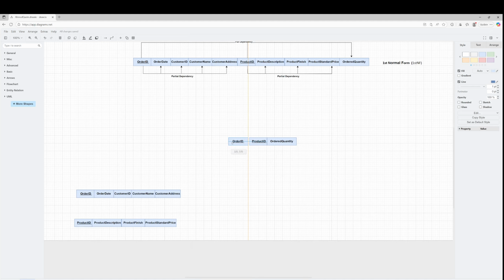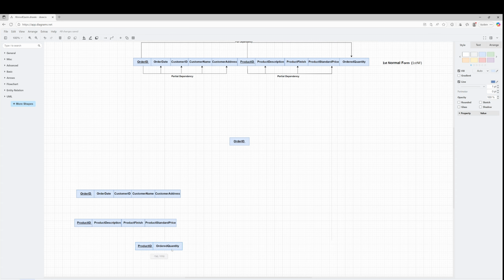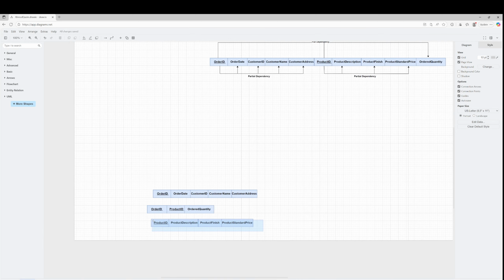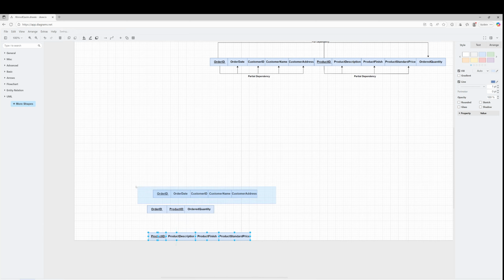Okay, so what I did now, I removed this, maybe I'll just place it here. Shift this one down.